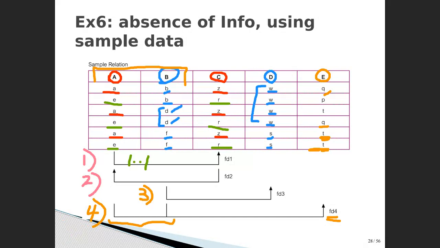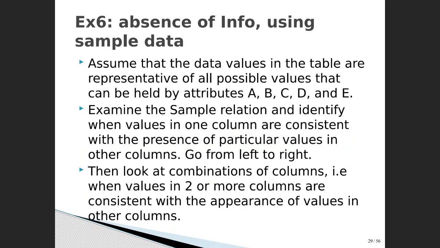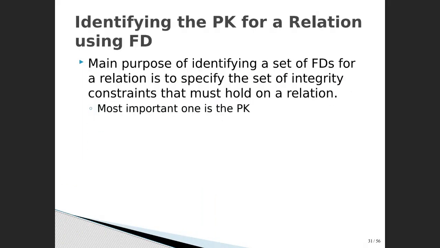That's the meaning of partial: there is part of it. So E is partially dependent on A and B, because two attributes are involved in this relationship.